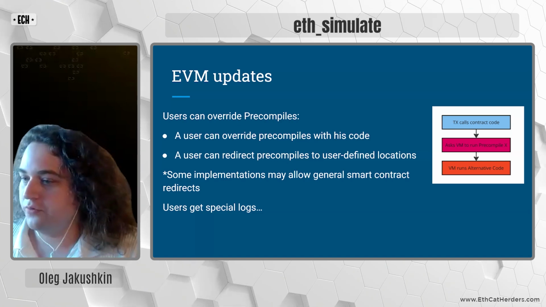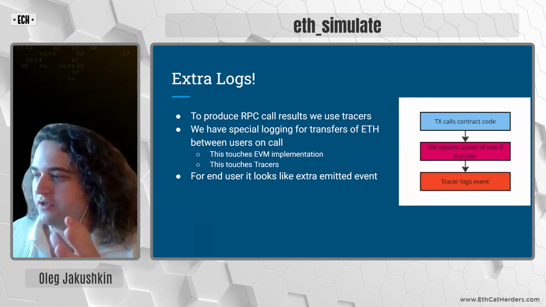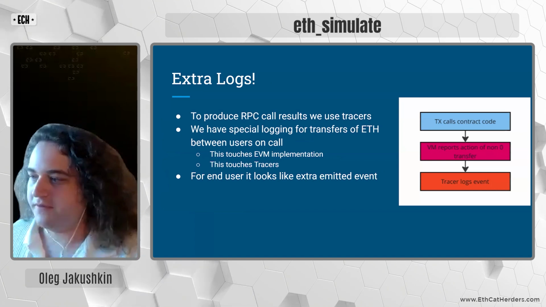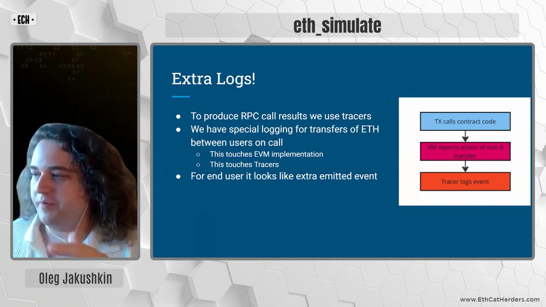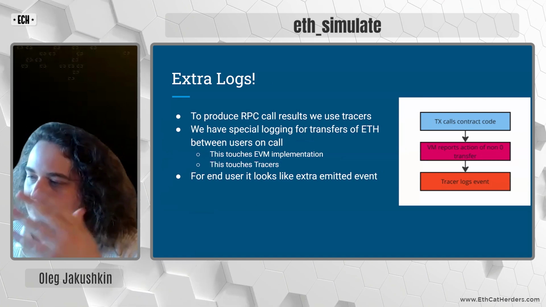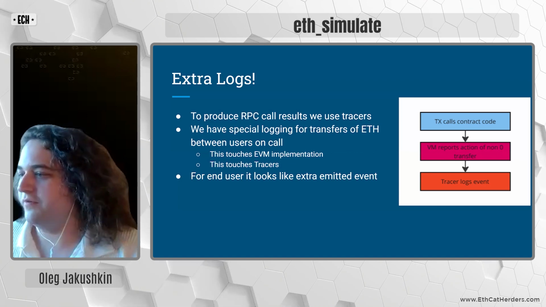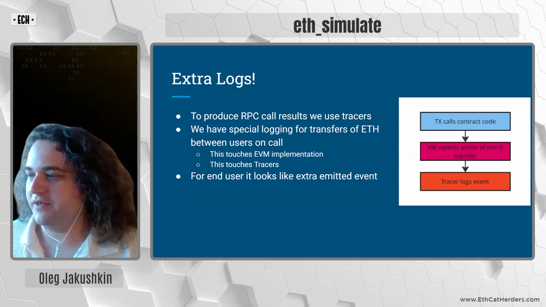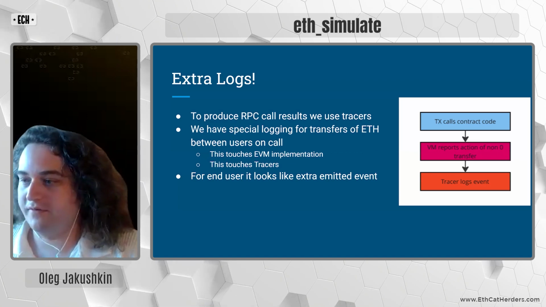So with this, let's go to the next slide and look a little bit into logs. For logging, we needed to add to our EVM caches for the cases where ETH is transferred, so that it is reported to our tracer every time, and our tracer can decide on adding event logs to the resulting transaction. That way the transaction can always show, if a user wants, that this or that transfer happened at this or that time, and the user can then operate with that information in mind.